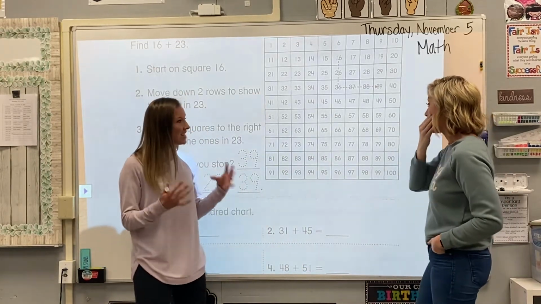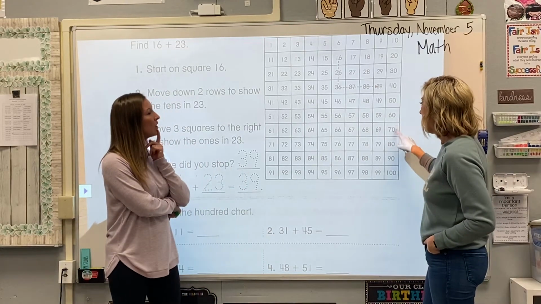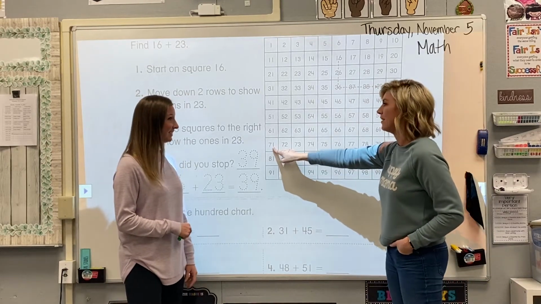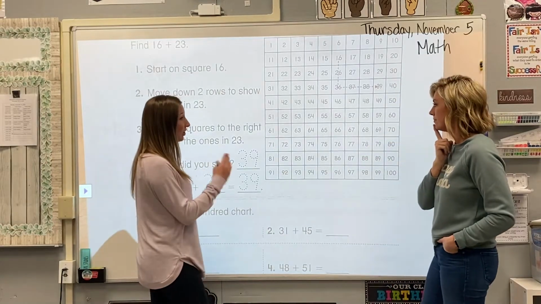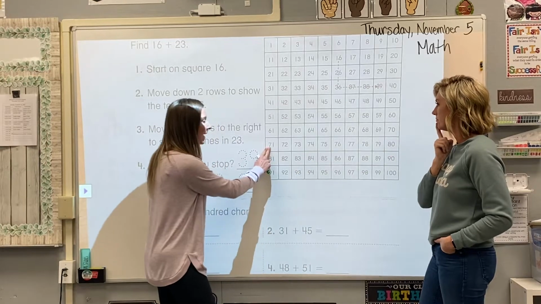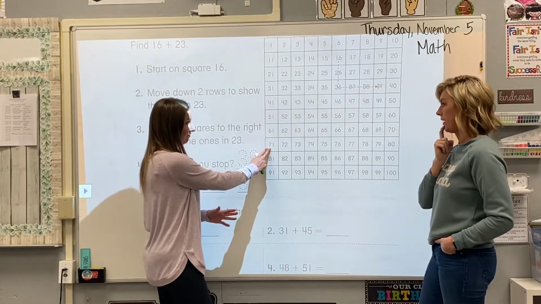Where do you think the next number belongs if we're adding 1? I know that 70 plus 1 is 71. Yeah. And that's at the beginning of the next row. So anytime we are counting and we get to the end of the row, we need to go back to the beginning of the next row in order to continue counting. Okay, that's a helpful tip.